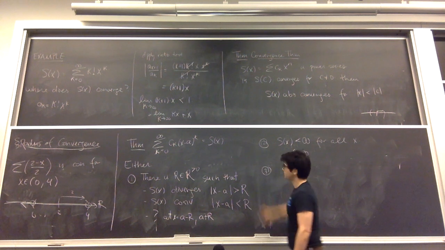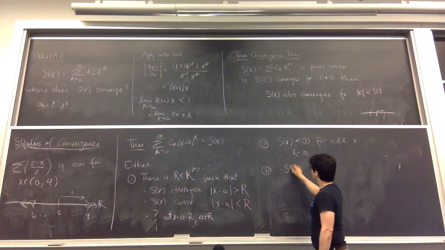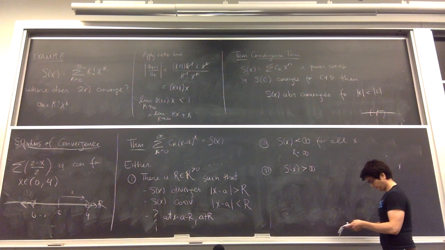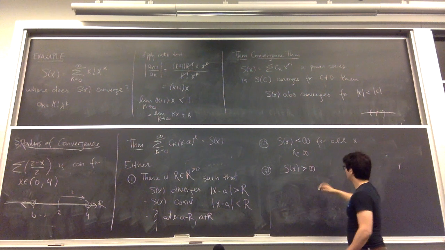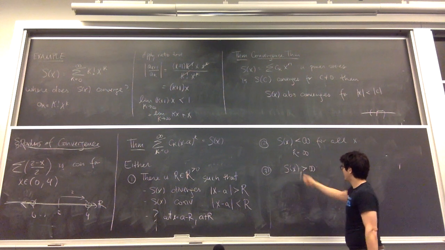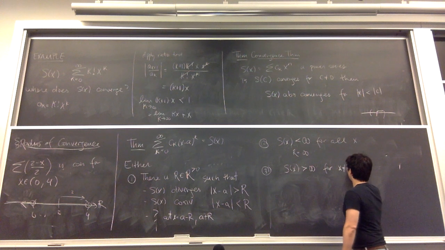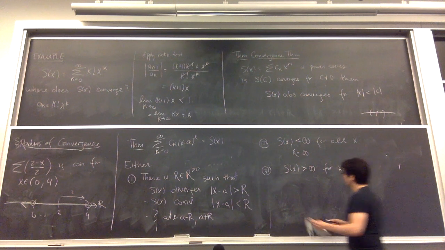3. The last thing that can happen is that for every x we're divergent, except at the center where we have to be convergent. Right, so S of x is infinity for x not equal to a.